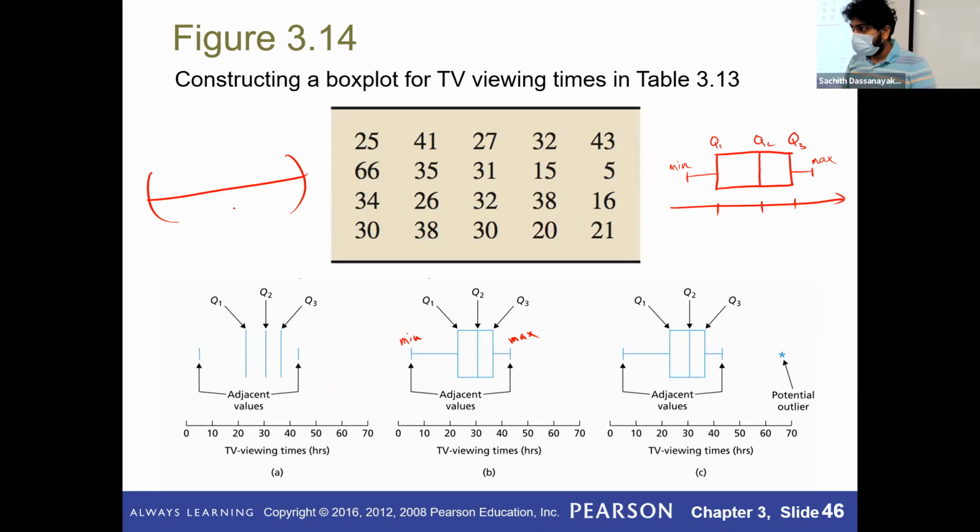Clear? You can see in here the maximum is 66, but according to this picture, once you calculate, you will see this one is the 66. So you have to adjust your maximum according to this boundary value.